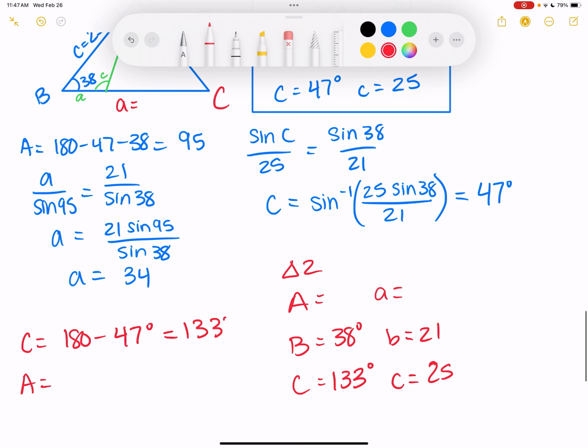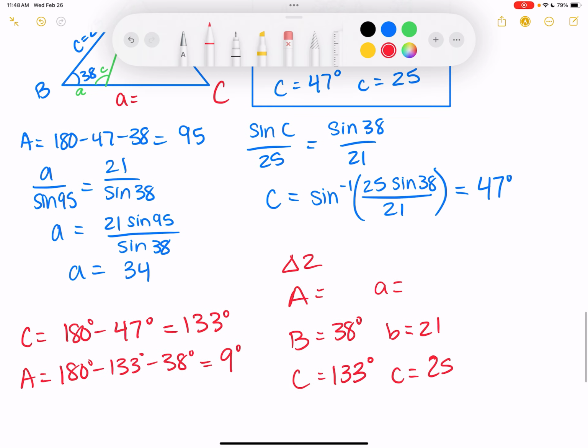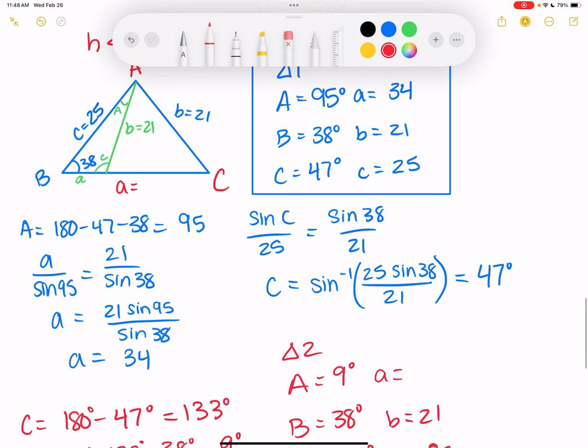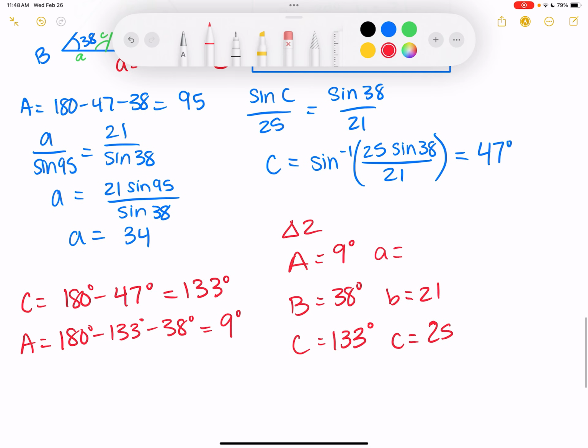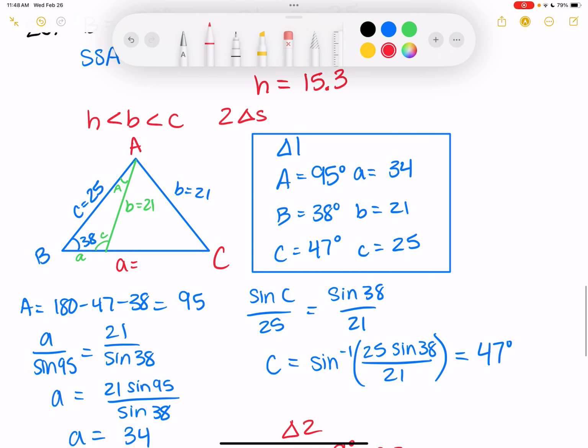So 180 minus 133 minus 38. So 9 degrees. So you're going to notice typically one angle ends up being super duper large. So in this case, that was angle C. And angle A went from being obtuse to very acute.